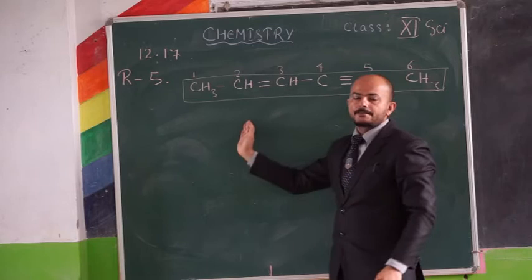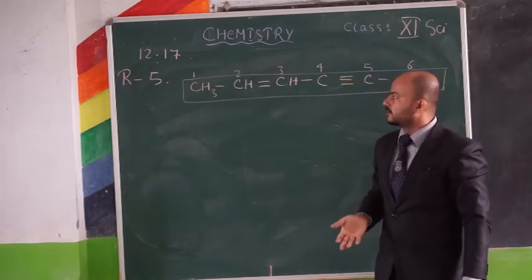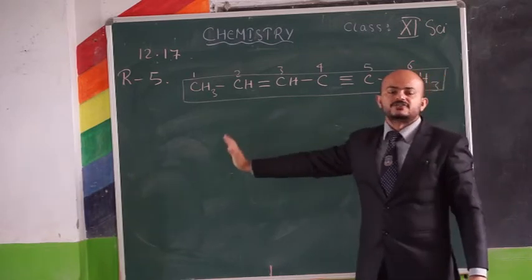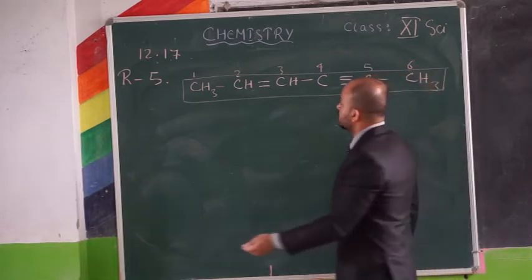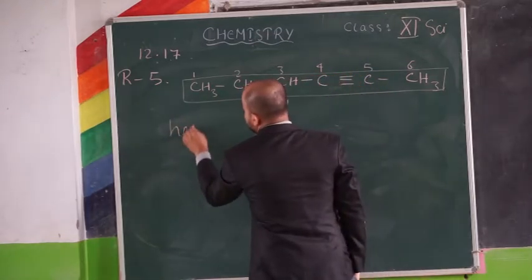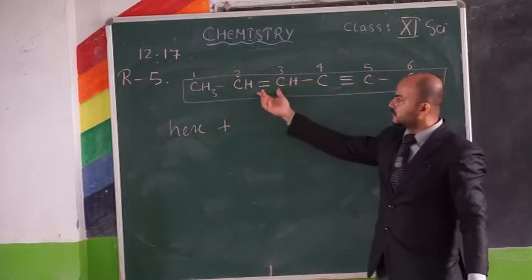We don't have any prefix and we don't even have a functional group. Therefore, it has to be named from the root carbon since prefixes are not present. So how many carbons are there? 6 carbons. So it starts with hex. Now you have to be very careful.